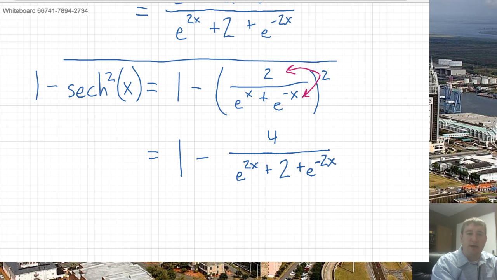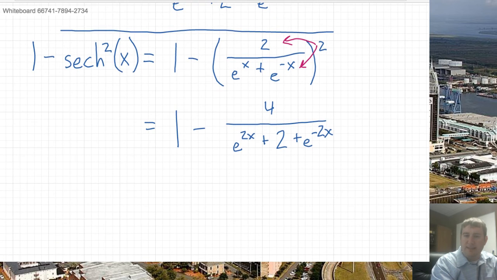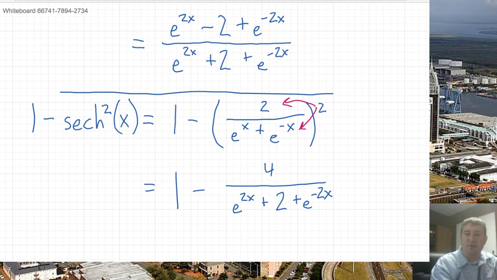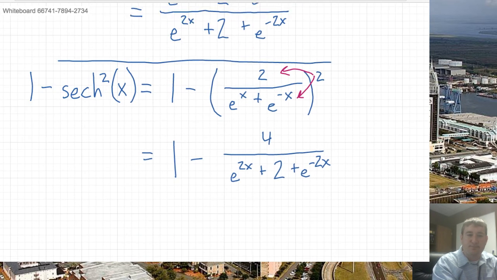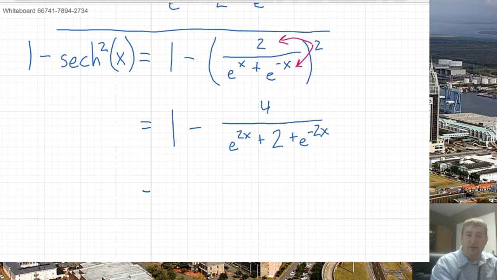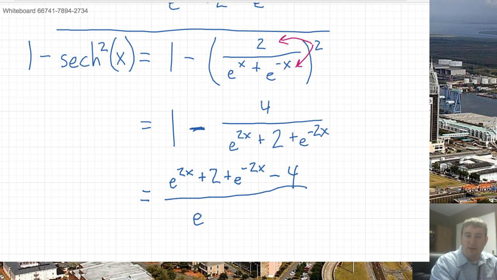And you can check my work on that. It's the same thing as that guy right there, actually. So that's not quite the same as what I was looking for, but if I get a common denominator, maybe that'll fix it. And in fact, it does. When I get a common denominator, I'll get e to the 2x plus 2 plus e to the negative 2x. And then notice I have a minus here, so it'll be minus 4 all over the common denominator, e to the 2x plus 2 plus e to the negative 2x.